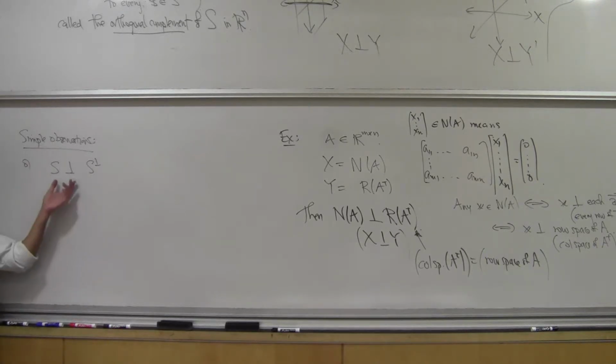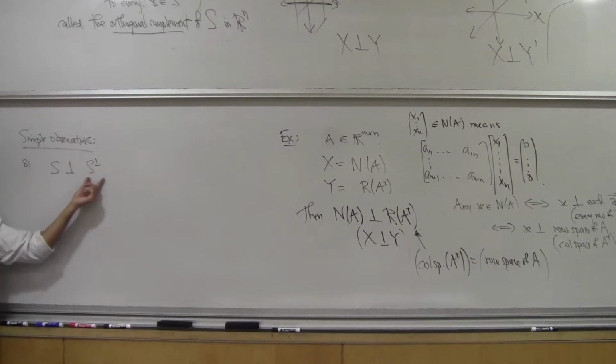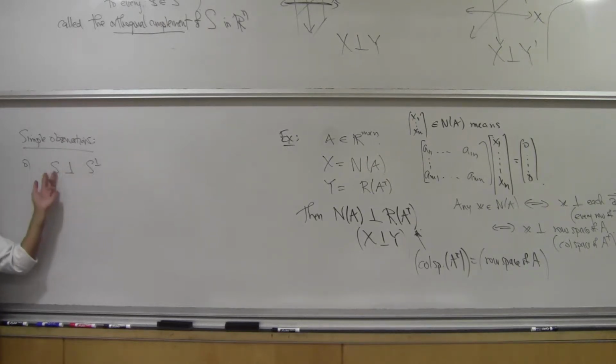That's trivial, right? To be orthogonal to each other, everybody in here must be perpendicular to everybody in here, but that's how we constructed S perp. S perp consists of all vectors that are perpendicular to S. So this is a tautological statement.